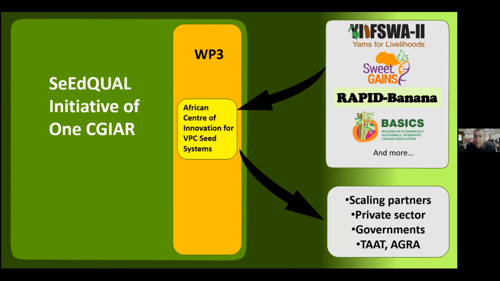It could be governments who have a role to play in linking breeding to early generation seed production. And then there's scaling partners like AGRA or the African Development Bank's TAAT program, which really can find ways to generate investment to fund the creation or the strengthening of these vegetatively propagated seed systems.